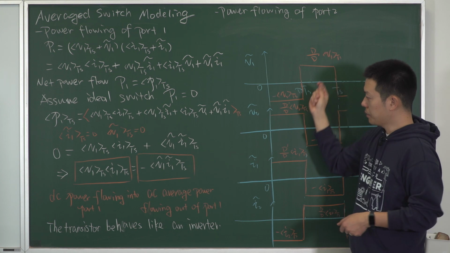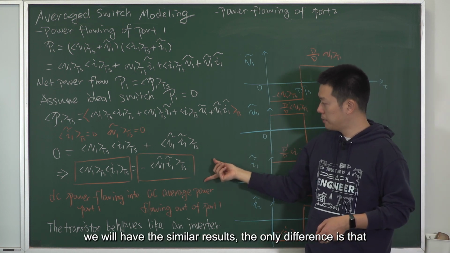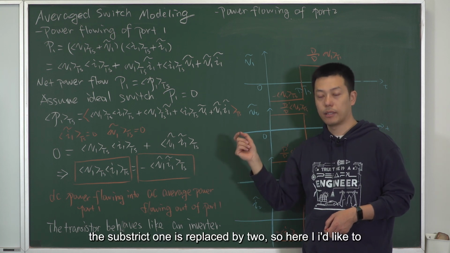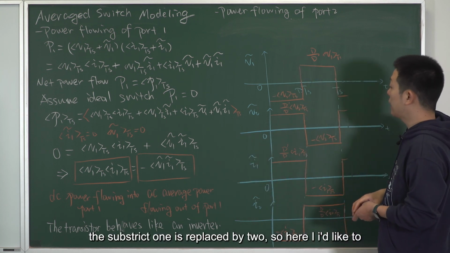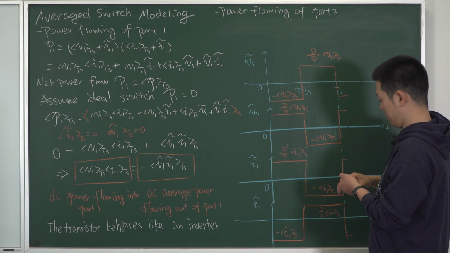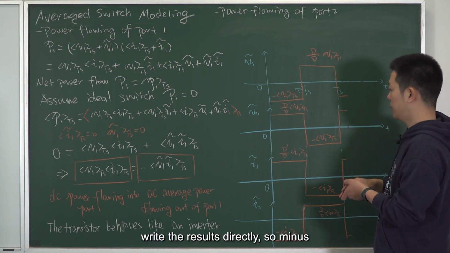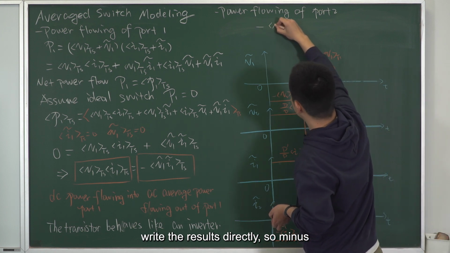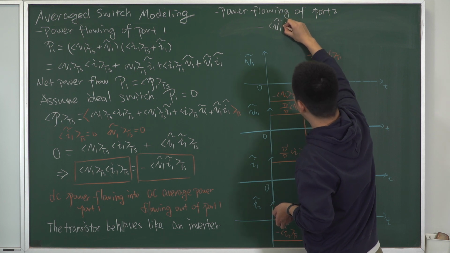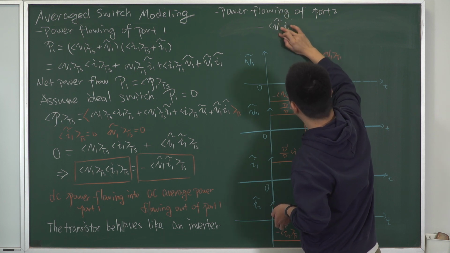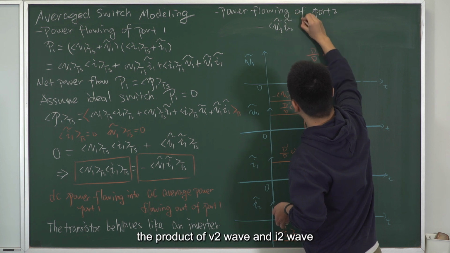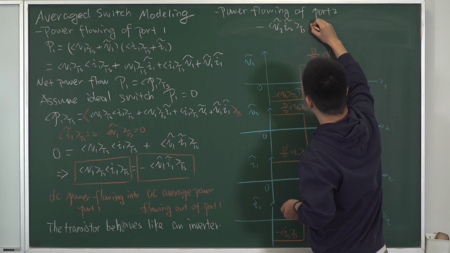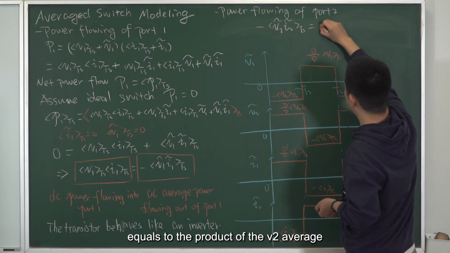Here I'd like to write the results directly. Minus the product of V2 wave and I2 wave equals to the product of the V2 average and I2 average.